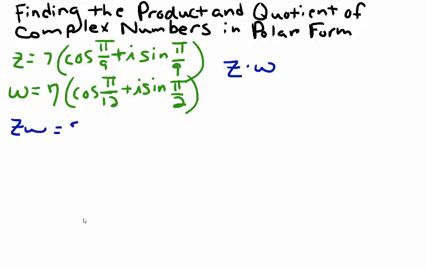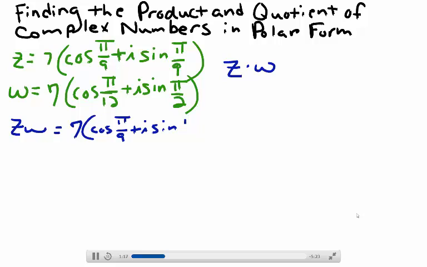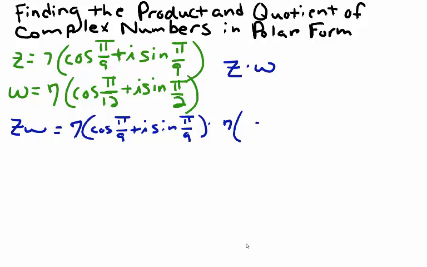z times w is equal to 7 cosine pi over 9 plus i sine pi over 9, times 7 times cosine pi over 12 plus i sine pi over 12.